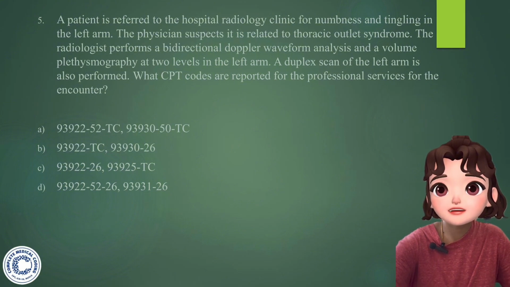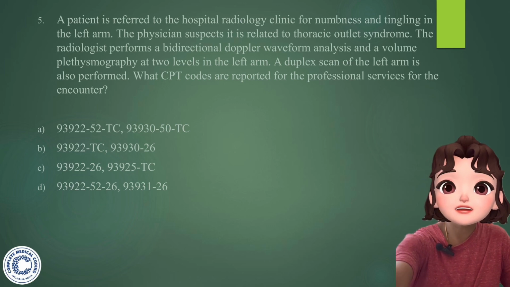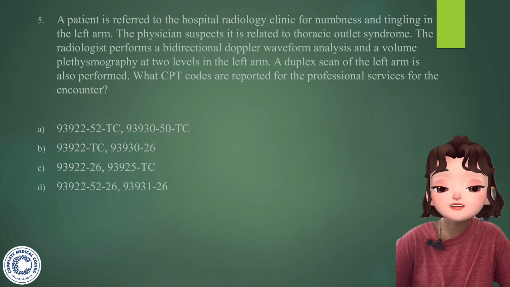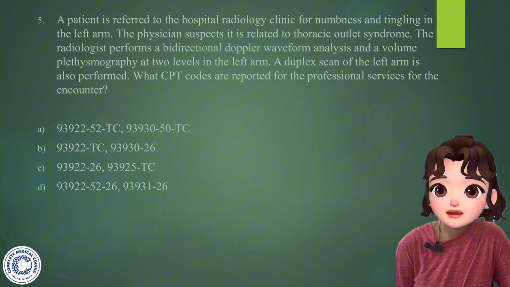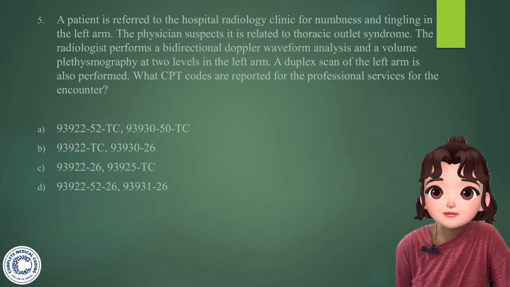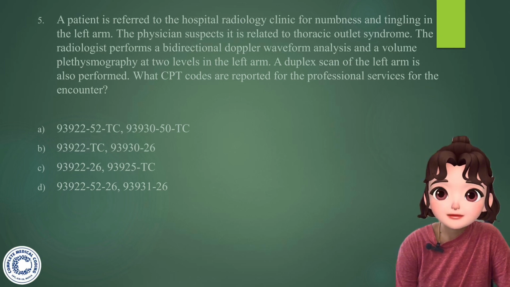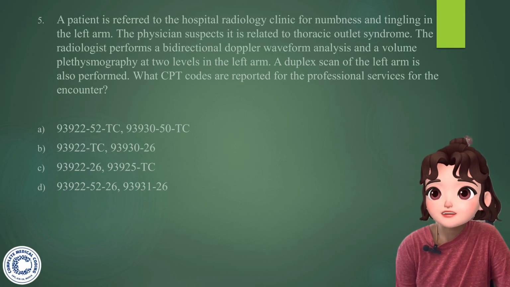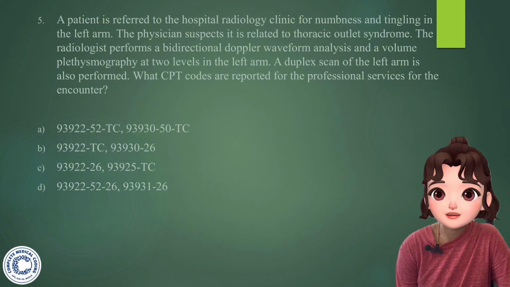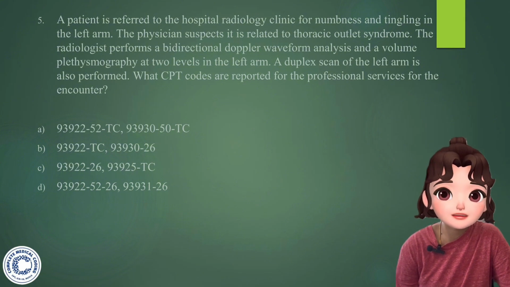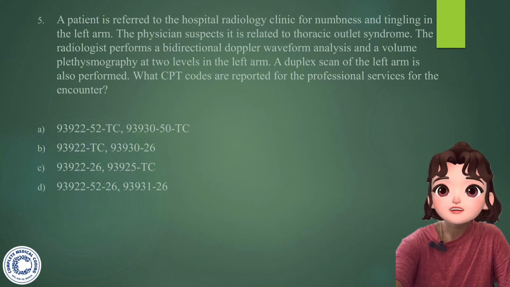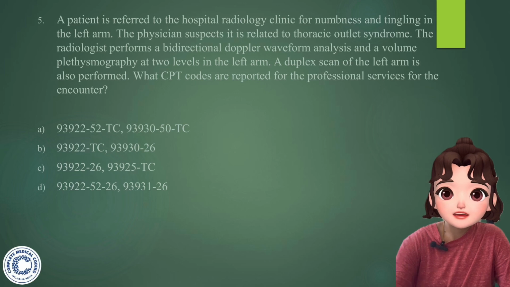It is already mentioned that this is a professional component. You have to code for the professional component services. And what is modifier 52? Partial reduction or discontinuation of radiology procedure and other services that do not require anesthesia. Yeah, partial discontinuation of radiology procedure, then the duplex scan is performed. And there is no anesthesia performed. Yeah, so that is true.